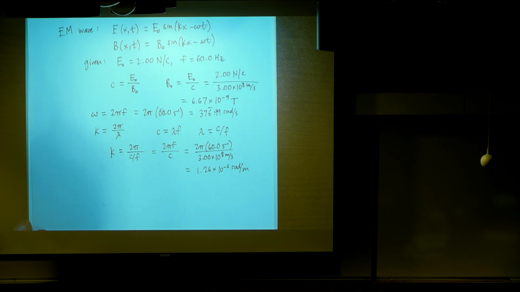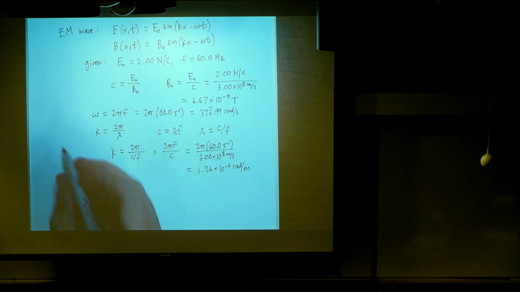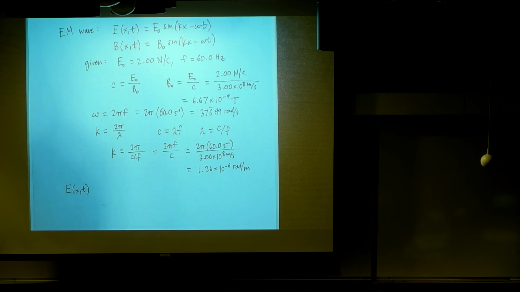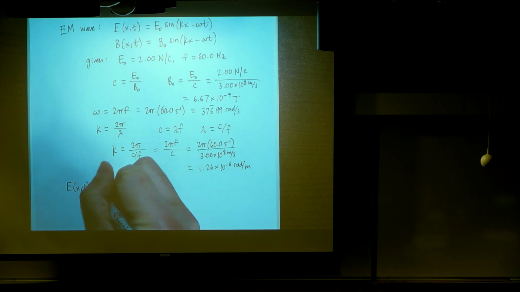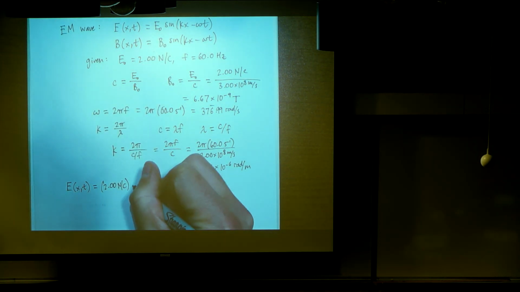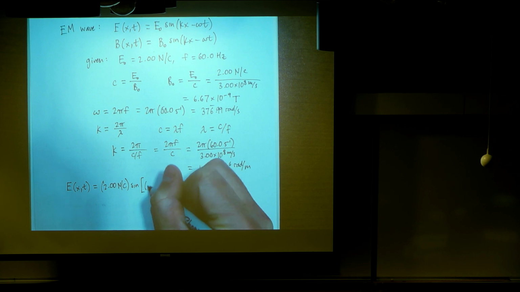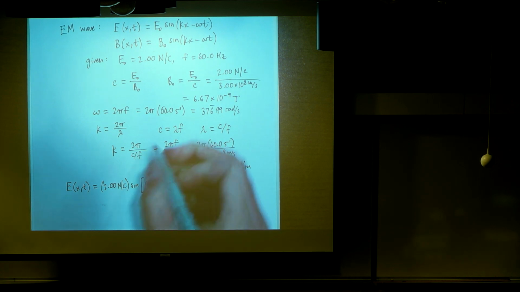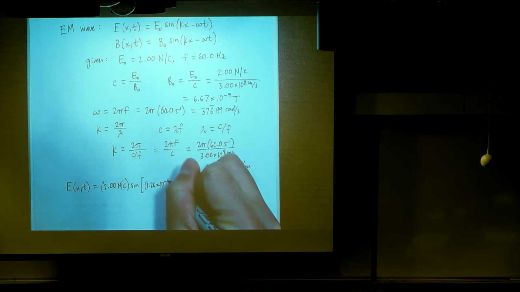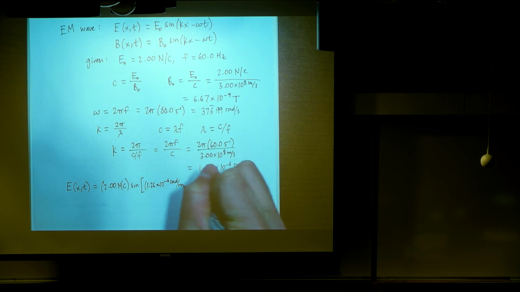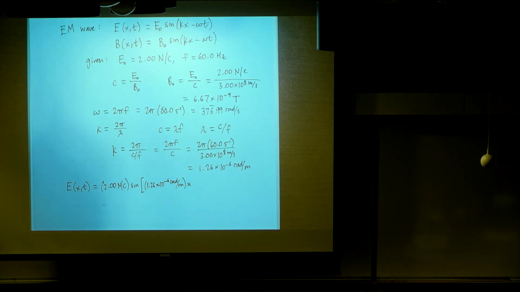Okay, so to summarize, here's what we have. The electric field as a function of x, which is position, and t, which is time, is given by 2.00 newtons per coulomb, that's E naught out in the front, times sine. Now we have K, which is 1.26 times 10 to the minus 6 radians per meter, times x.